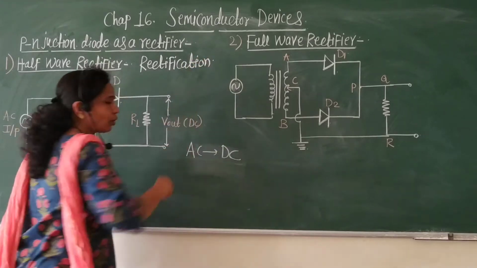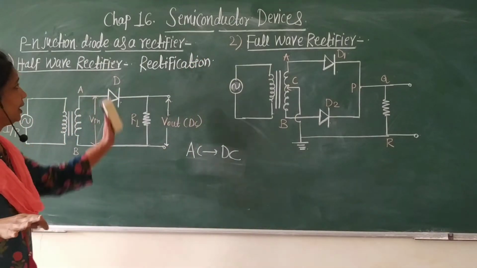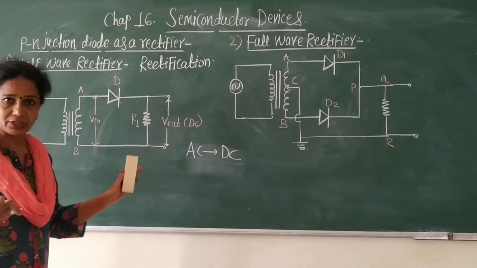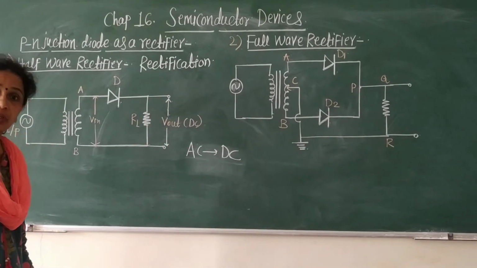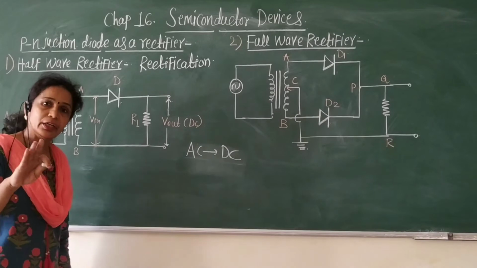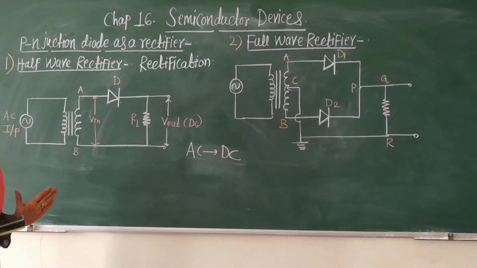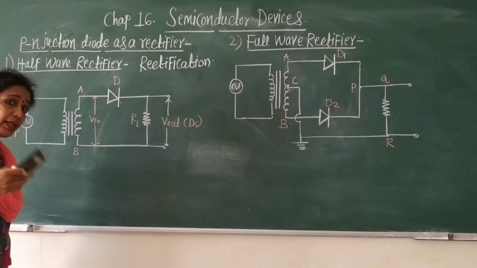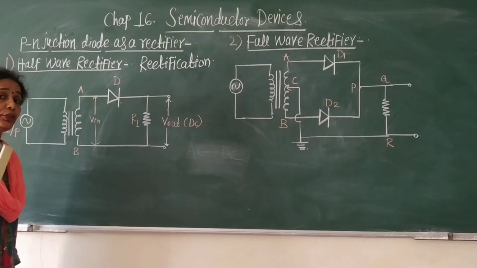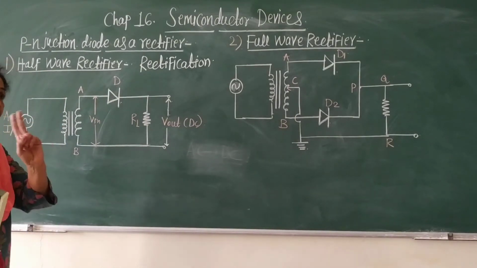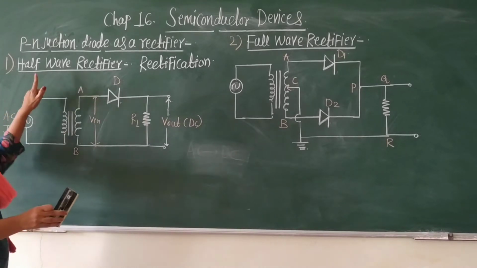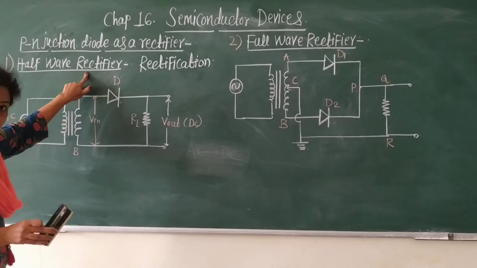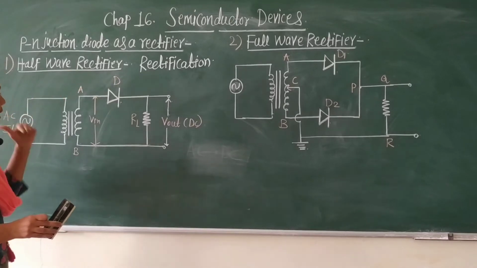The conversion of AC into DC is called rectification, and the device which converts the AC into DC is called a rectifier. Then PN junction diode can be used as a rectifier. There are two types of rectifier. First, half wave rectifier. What is then half wave rectifier?